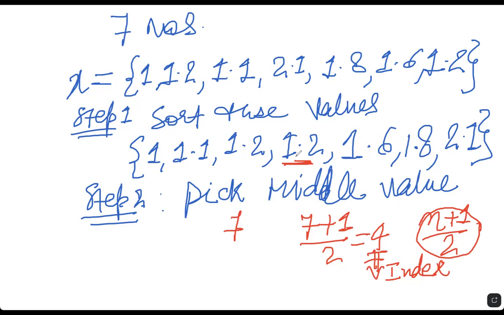Now, the immediate question you might have is, what if I have an even number of points? Because here I have an odd number of points. So let's do a simple experiment. Imagine I have one more point here, which is, let's say, 1.8. Take me to the next page.